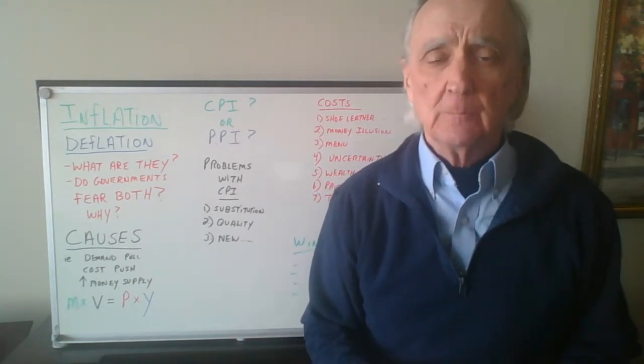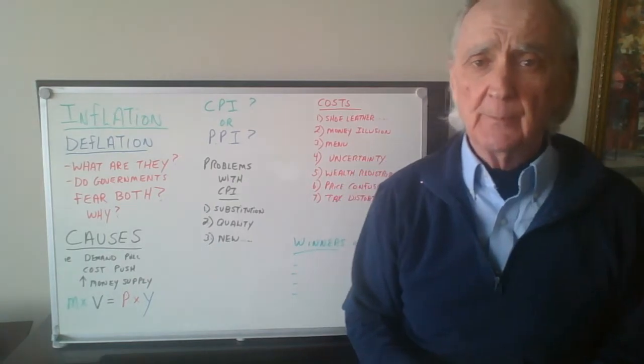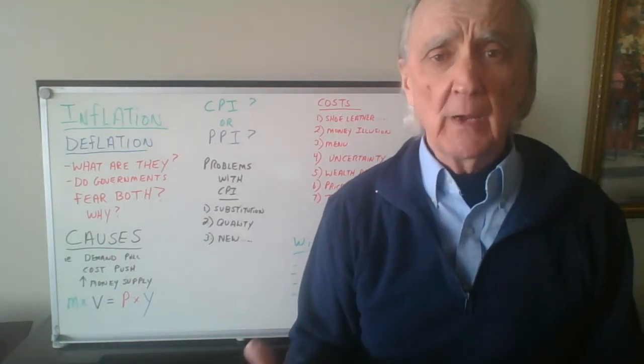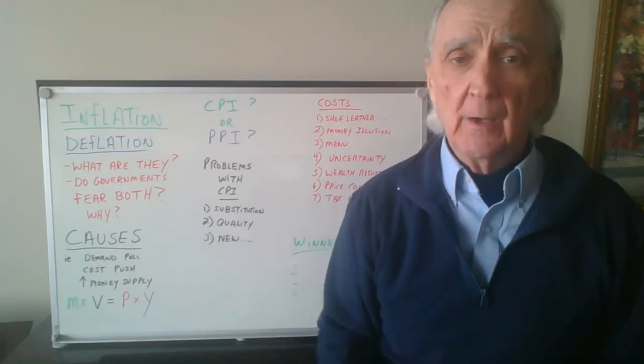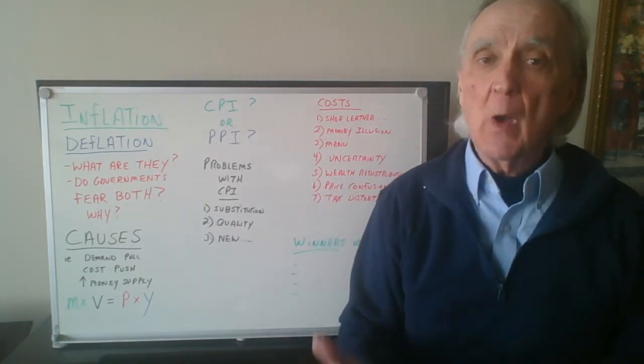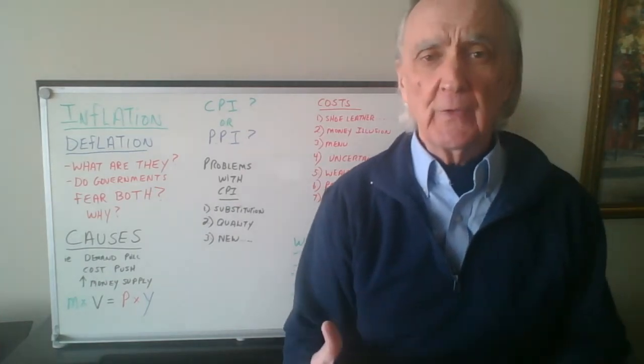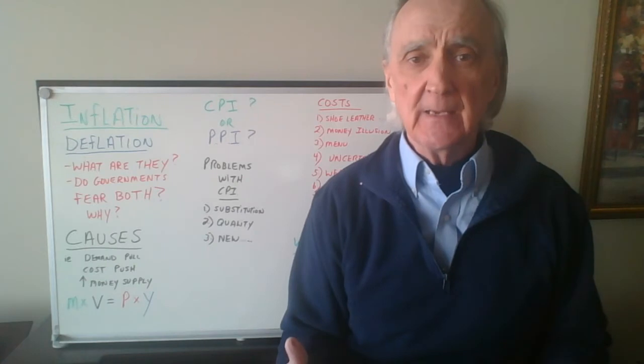Okay, now this happened in the 70s when we had OPEC raise the price of oil substantially, twice in the 70s, resulting in a severe recession in the 1980, okay?